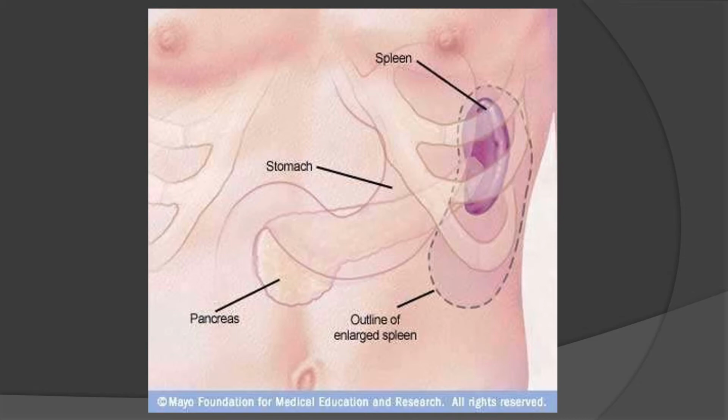This is showing the spleen lies below the 9th, 10th, 11th ribs. If the spleen is to be palpated, it should enlarge as big as twice the normal size of spleen. Then only it will come below the costal margin.